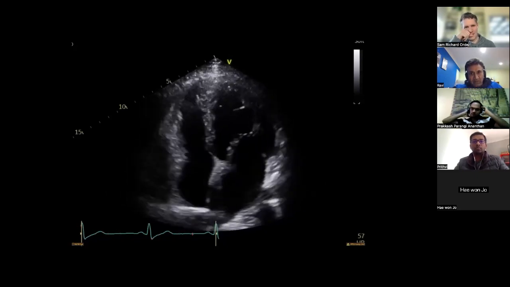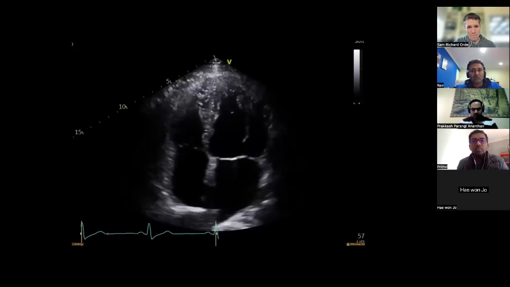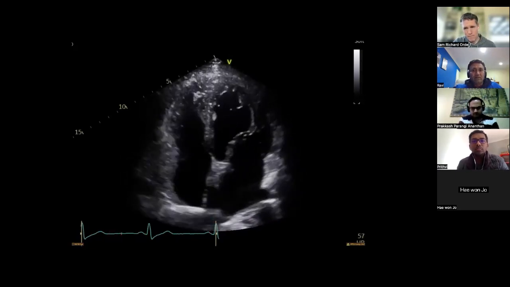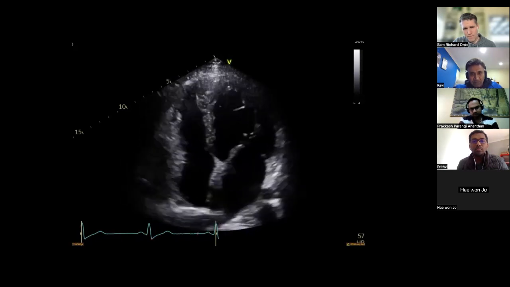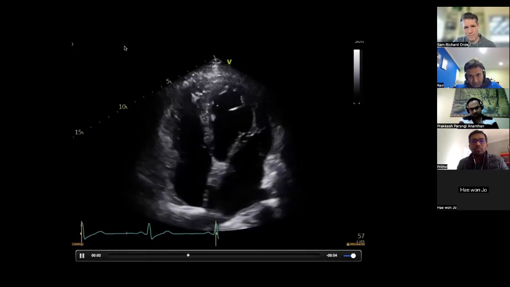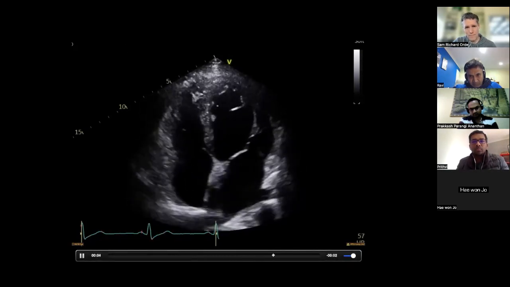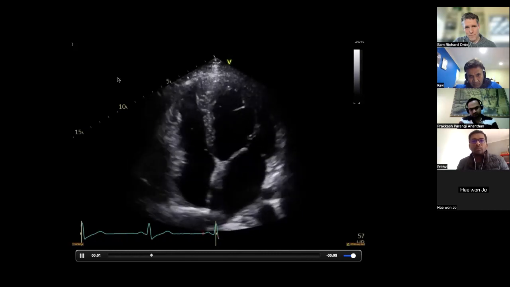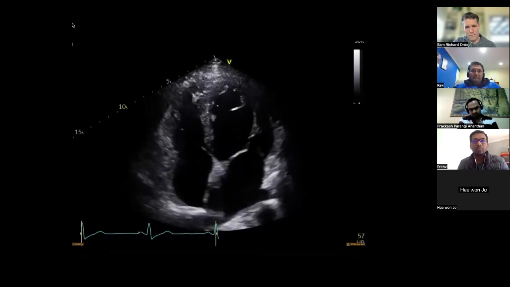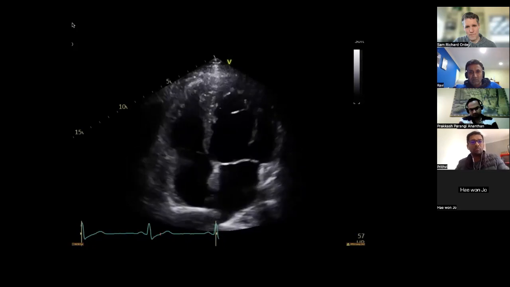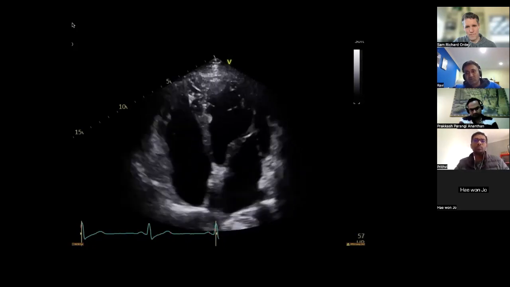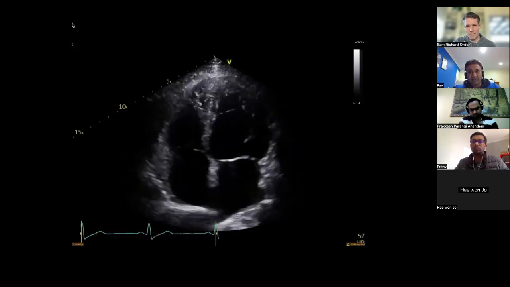So this is the apical four-chamber view, which shows the anterolateral and inferoseptal walls. So basal inferoseptal is almost dyskinetic because it's going in the opposite direction during contraction.